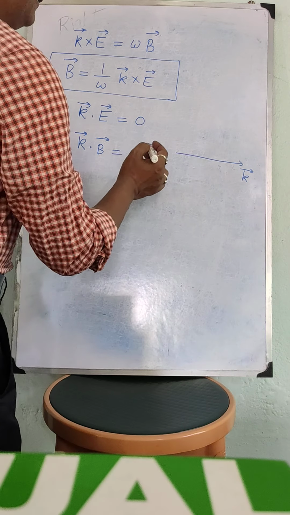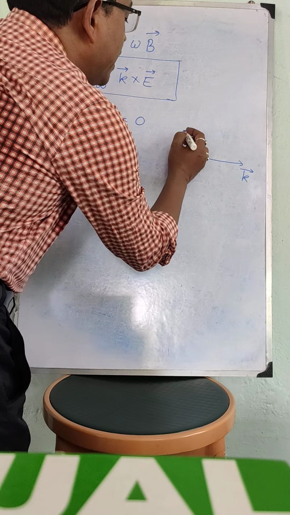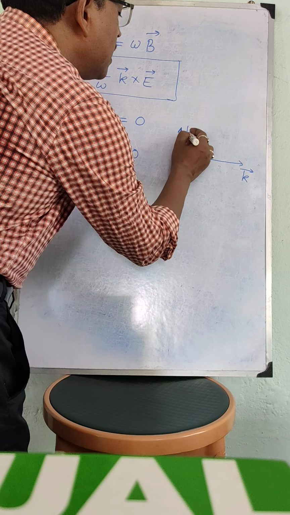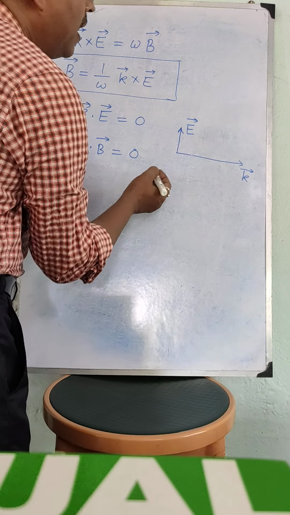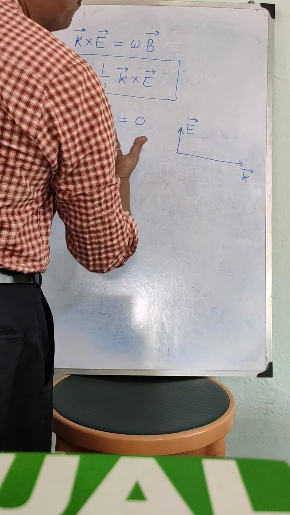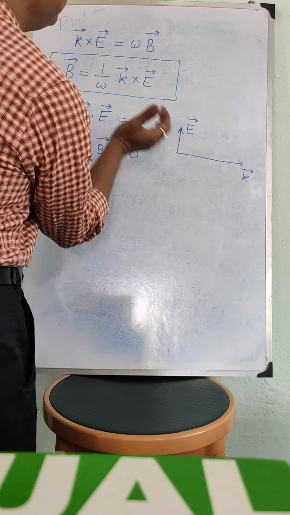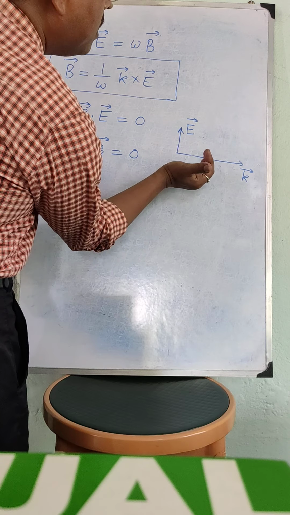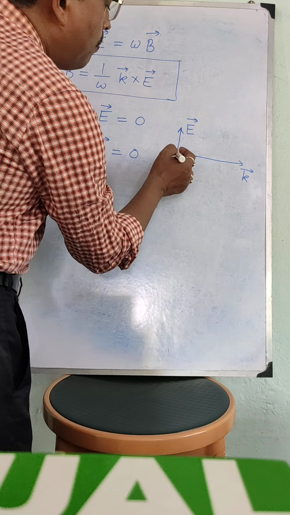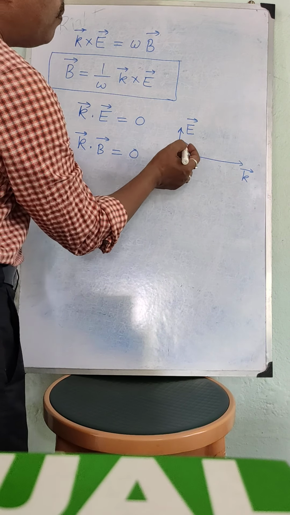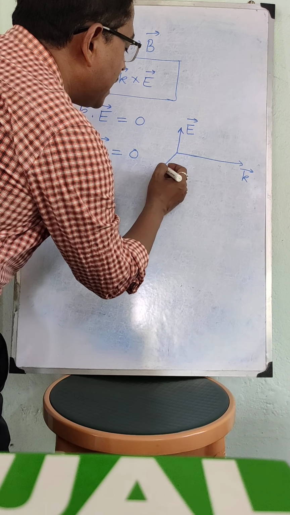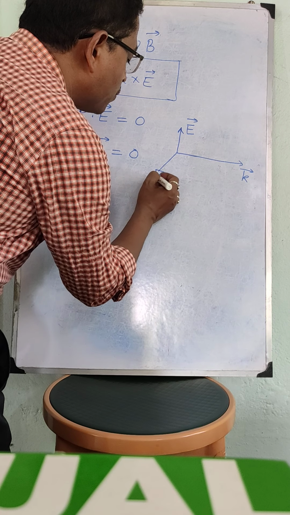So it is given by the right hand thumb rule. If e vector is confined in this direction, if this is the direction of e, then magnetic field vector is given by k cross e. So k cross e is a vector coming out. So magnetic field vector will be perpendicular to the plane formed by k and e, and it will be coming out. So I can draw magnetic field vector in this way.